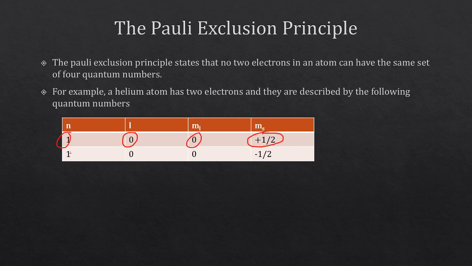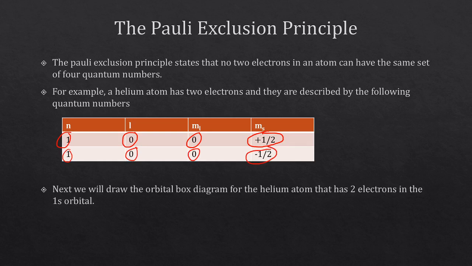For the second electron, the first three quantum numbers don't change. It's still in the 1s orbital, but now m sub s is -1/2. So what would that look like as an orbital box diagram? Helium, both of its electrons occur in the 1s orbital, so it only needs one box to represent those, and one would be spin up and one would be spin down. That's how we would represent that.